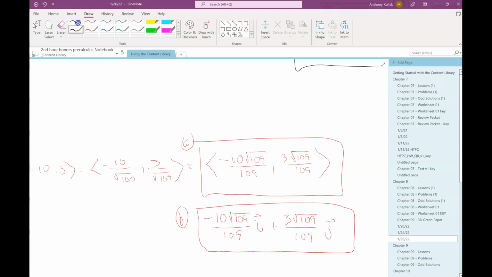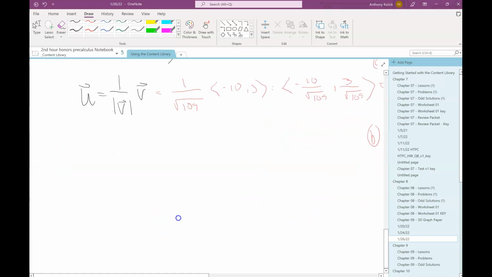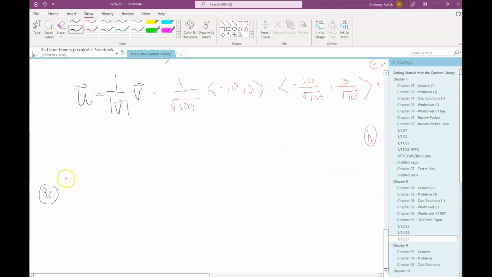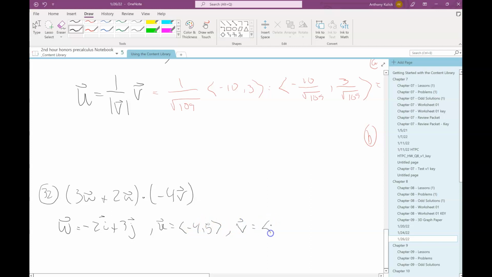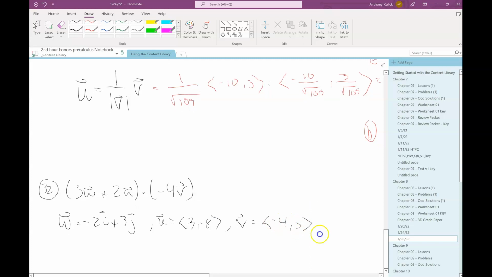Emily, number 32. We have 3w plus 2u dot negative 4v, where my vector w is negative 2i plus 3j, my vector u is 3, negative 8, and my vector v is negative 4, 5.